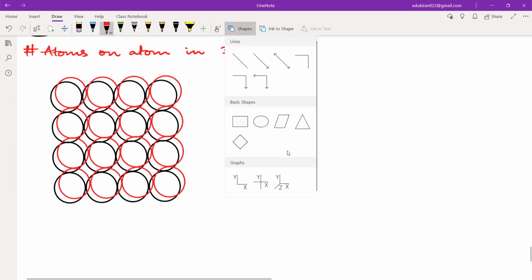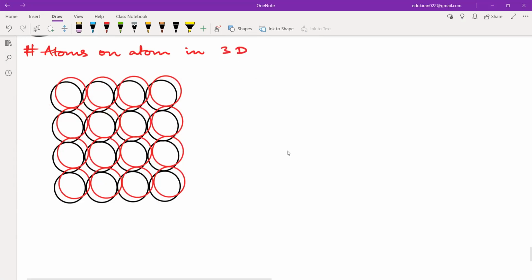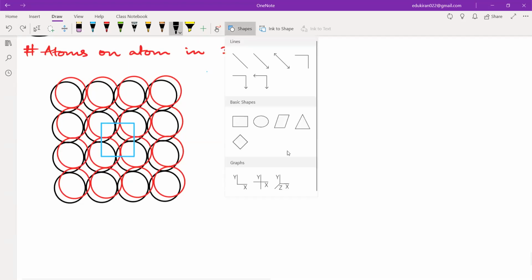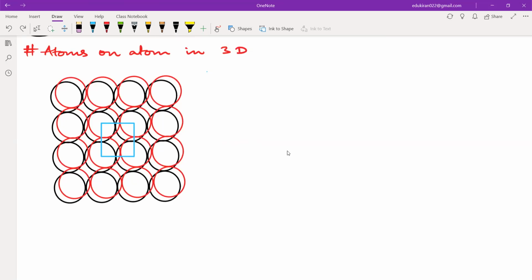Now we will look at the unit cell. For the unit cell, I am taking the black atoms present in the lower layer, and the red atoms present in the upper layer.